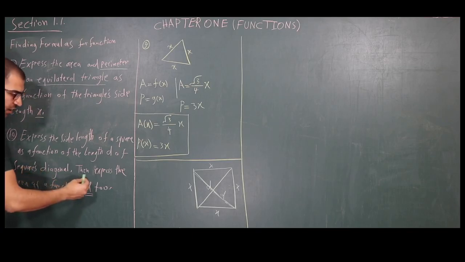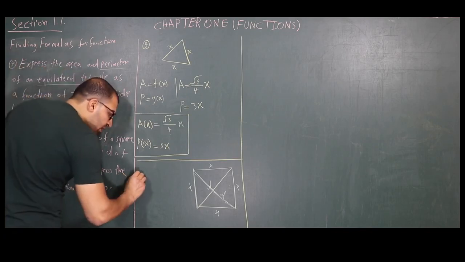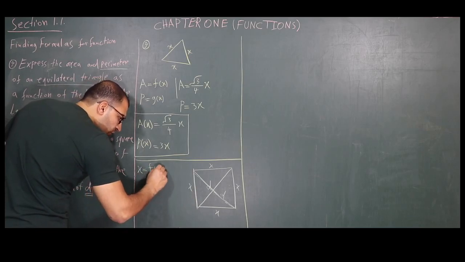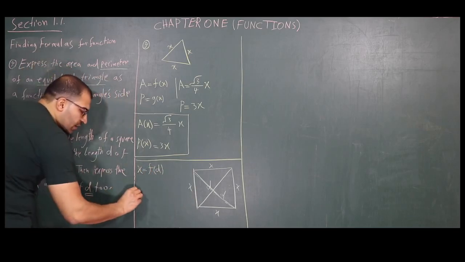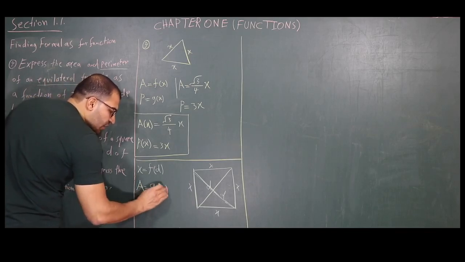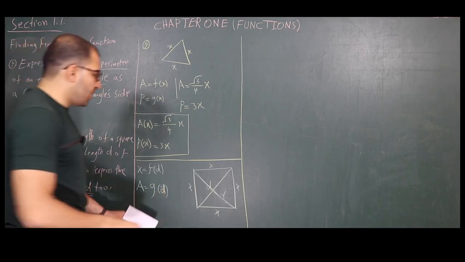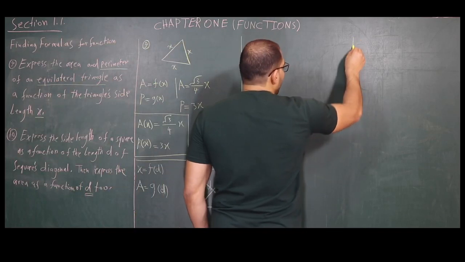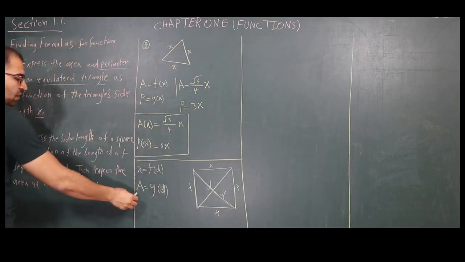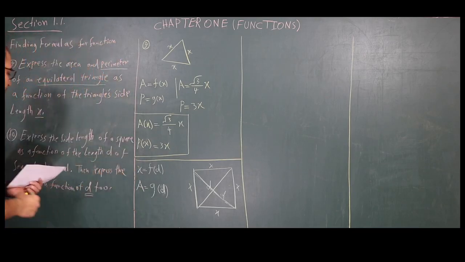Then express the area as a function of D. So he wants me to write the length of side, which is x, as a function of D, and he wants me to write the area also as a function of the variable D.